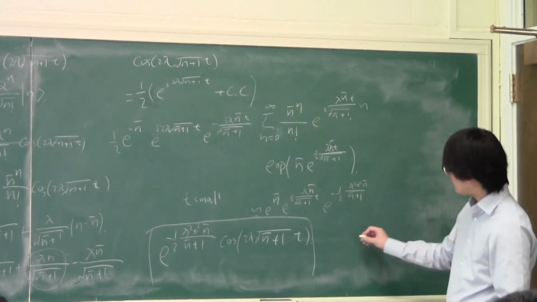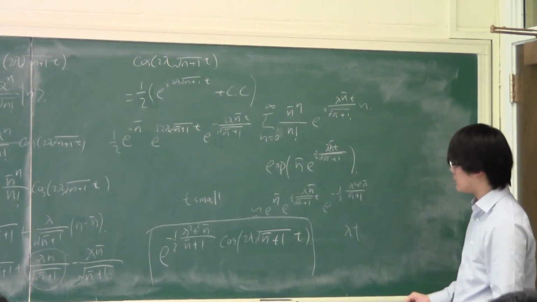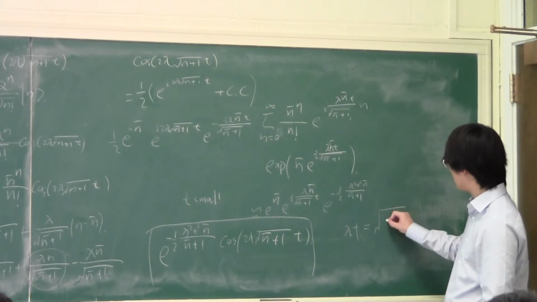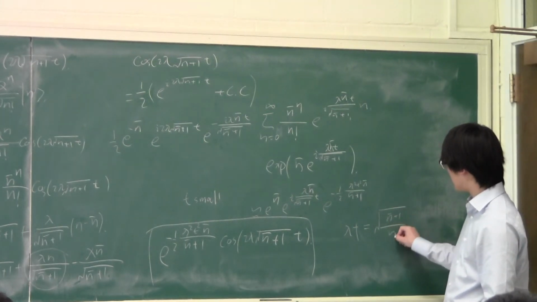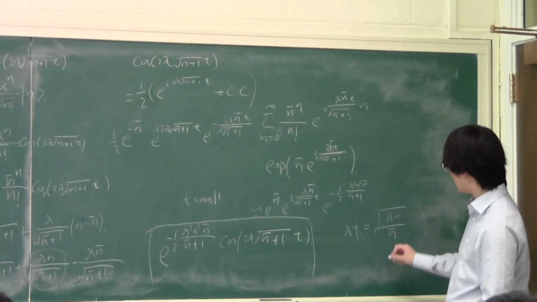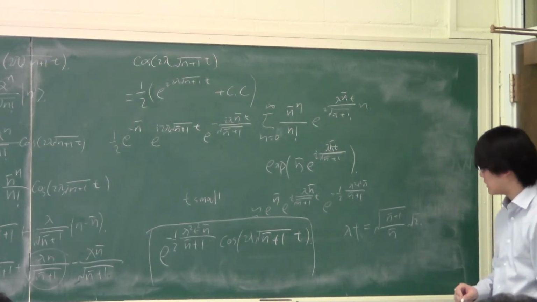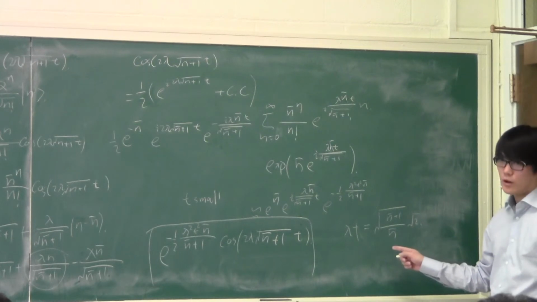So that's just lambda t equal to square root of n bar plus 1 over n bar, and then you need a square root of 2. This is when the Gaussian falls to 1 over e.